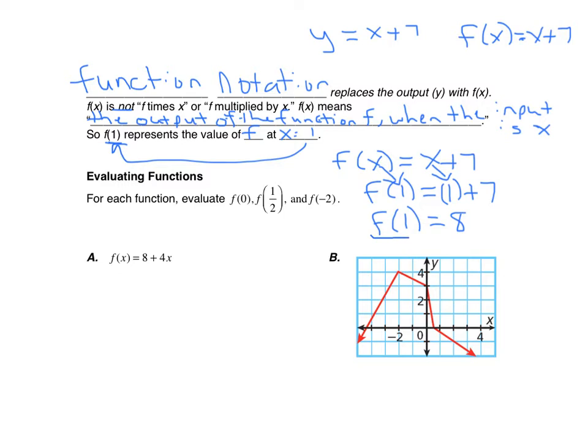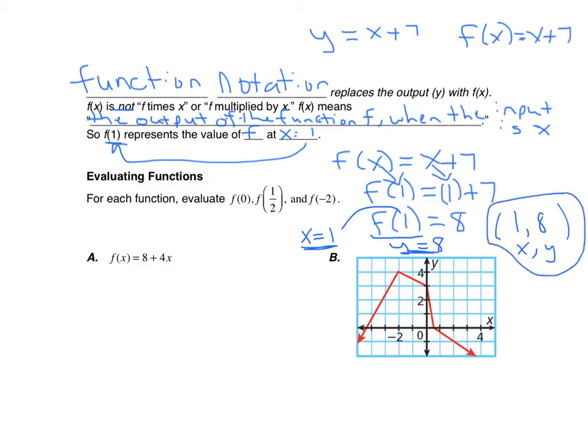So f of 1 we said before replaces y, so this really says y equals 8. And then we said we replace the x with 1, so x is 1. So if we were to write that as an ordered pair, x comma y, the x value is what we input, that's 1, and the y value is our f of x, or f of 1 in this case, is our actual output. So this is the ordered pair from our function.